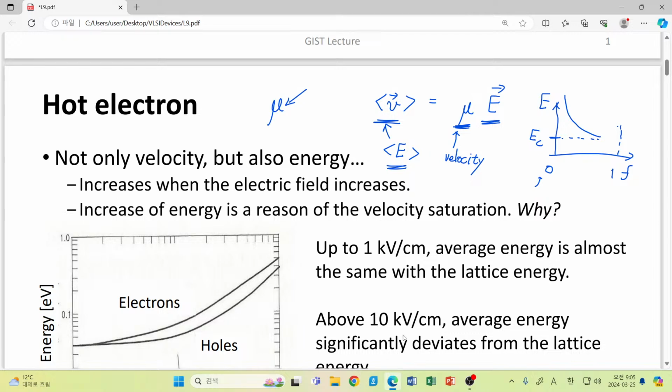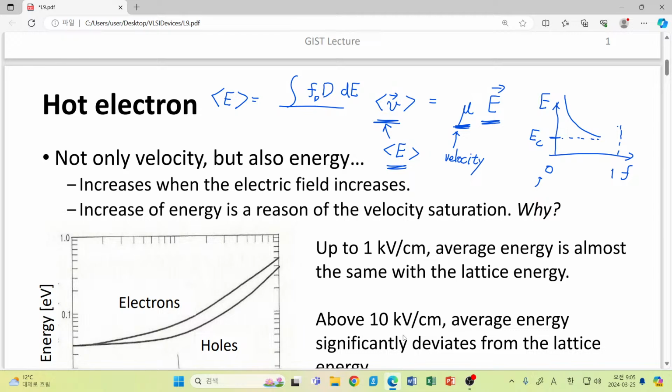So then what will be the average energy? In order to calculate average energy, we must do this kind of job: energy integration, where we have the density of states and the distribution function at a given energy.